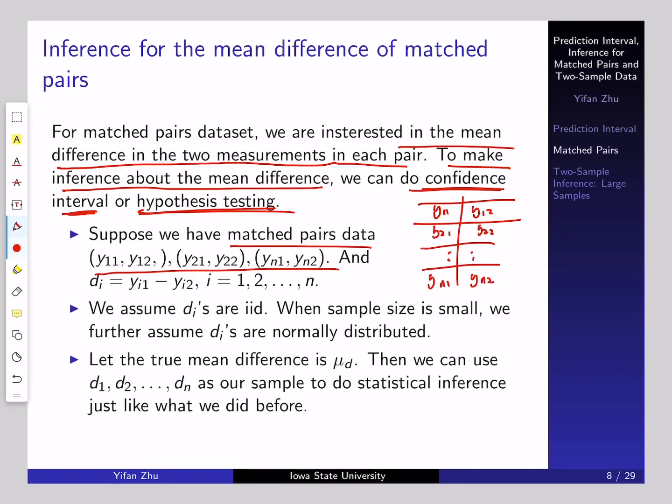So there are n observations, n pairs of measurements. And we will also create a new column, the difference, di equals y1 minus y2. Then we have a column of the difference of these two measurements.